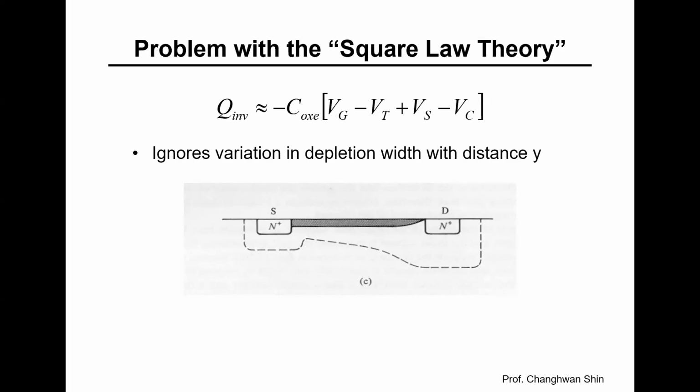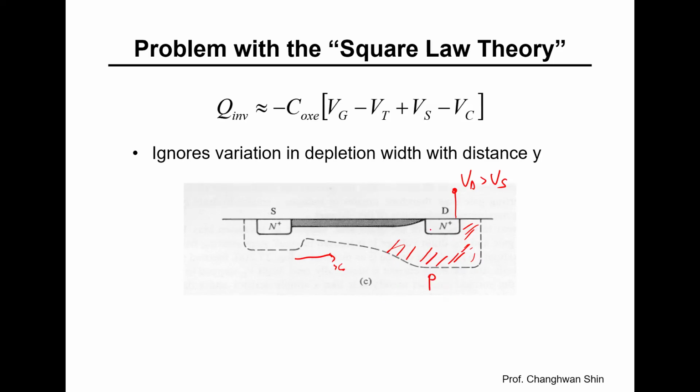The simple square law theory that we have discussed before has a fundamental limit. That model ignores the variation in depletion width with distance along the channel direction. Take a look at the depletion layer thickness along the X direction, or along the channel direction. In general, we are applying a higher voltage on the drain node than the source node.